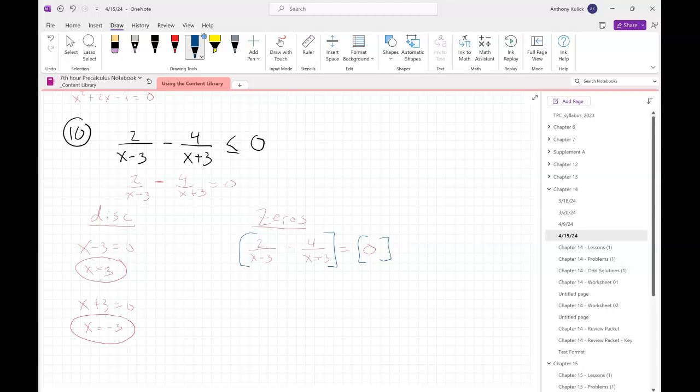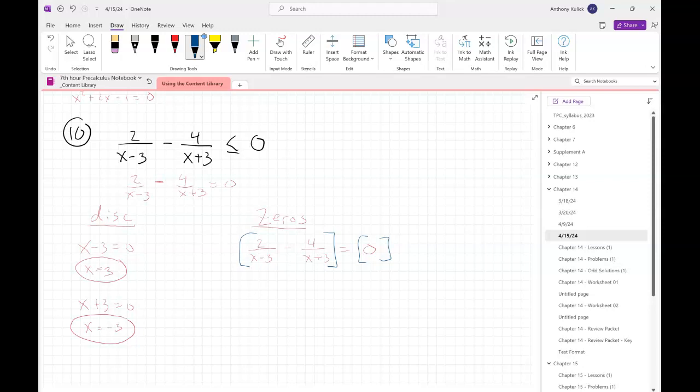Now, Avery, I could make a common denominator, add these two fractions together so that it's a single thing, and then I could set the numerator equal to 0. I would not do it that way because that's a lot more work than what we're about to do to solve it. But you could do that. So your answer's not technically wrong. I would advise against trying to do it that way.